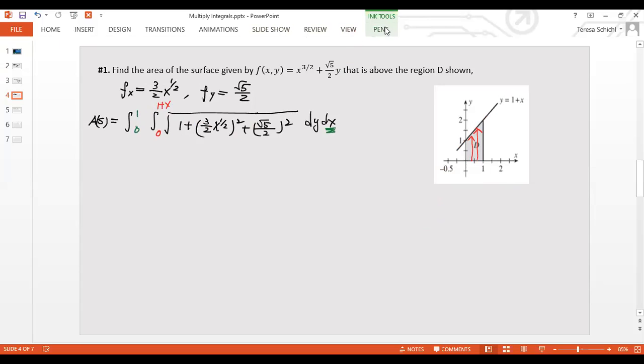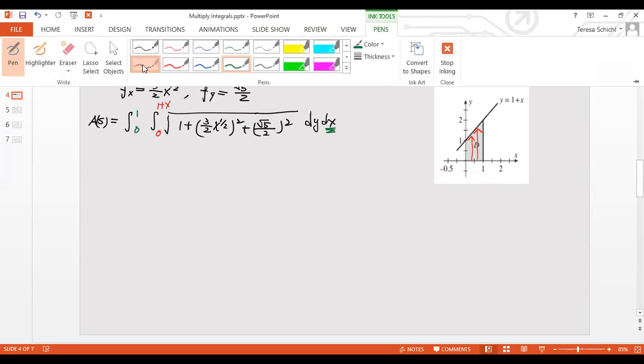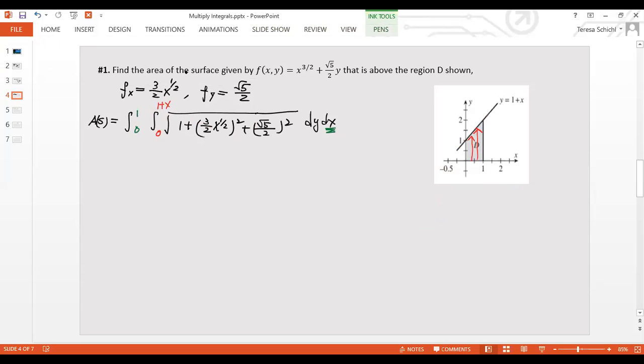Now let's look at this integration. If you simplify a little bit, the inside is 1 plus 9/4 x plus 5/4, and we do dy dx.